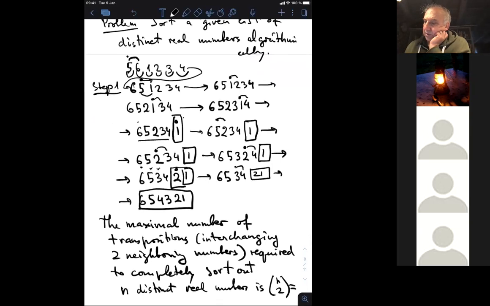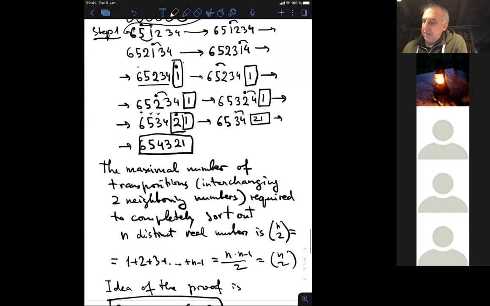So when the sorting number comes to the last position, that means that we'll place 1, the least number in our list, in the very last position. And we can forget about the least entry, and we have the situation with n minus 1 numbers which we can sort.